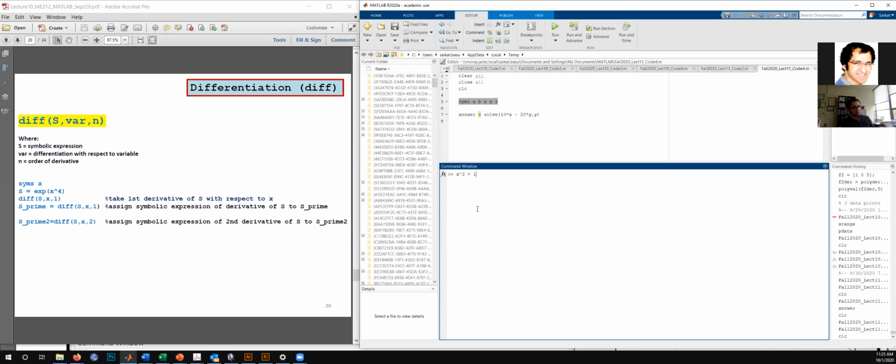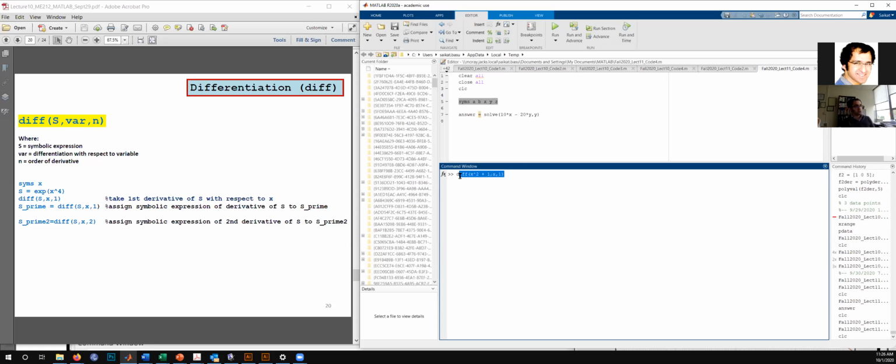So we know that if we take a first derivative of x squared, for example, it is just what, 2x? So let's see how we get that. So the command for that is diff of x squared, and you are taking a derivative with respect to x, and you need to tell MATLAB that. And if it is just the first derivative that you are taking, you need to tell that order as well. So the first derivative would stand for 1.